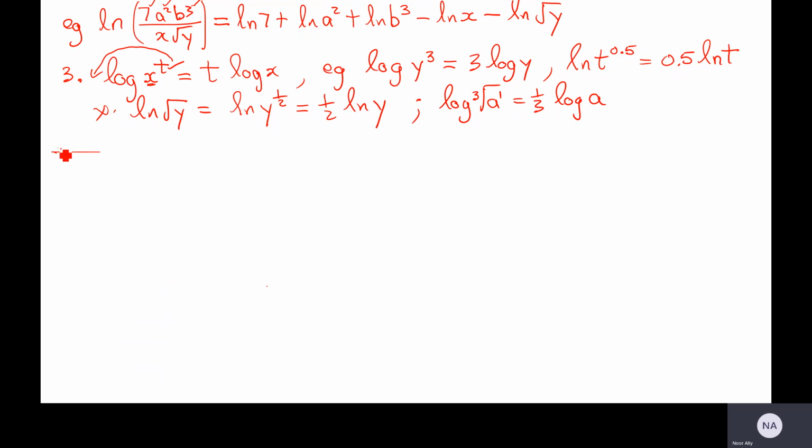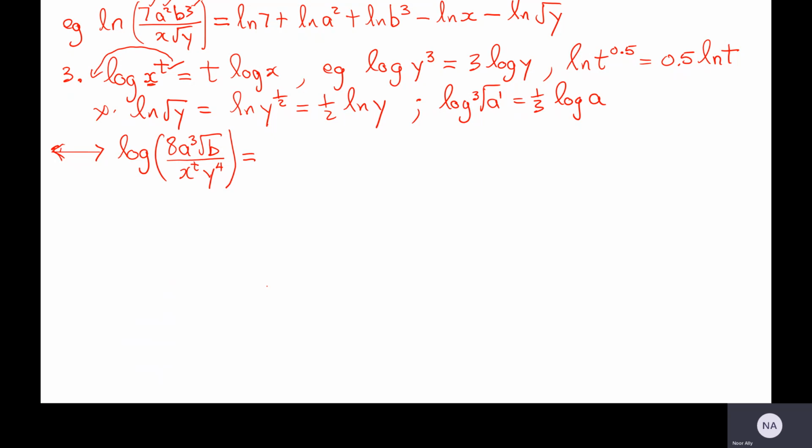And once again, the first thing that you must be able to do is take a complicated logarithm and separate it. So let's see, I've got log of 8 a cubed square root of b, divided by x to the power t, y to the power 4. Write that as separate logarithms.